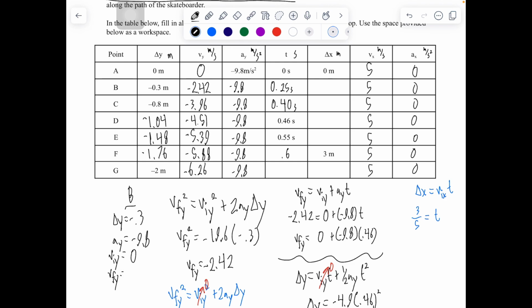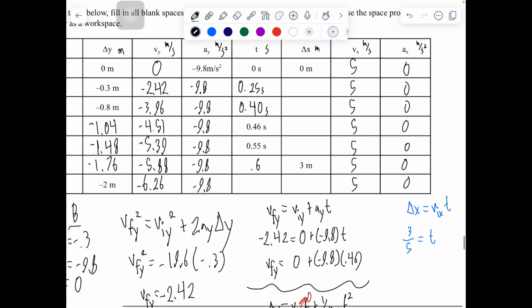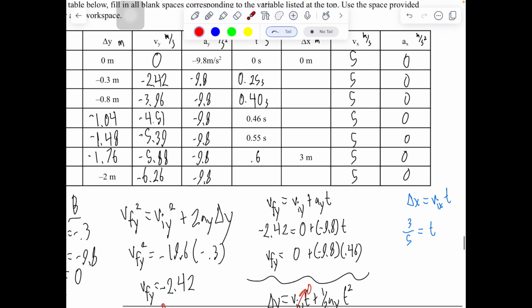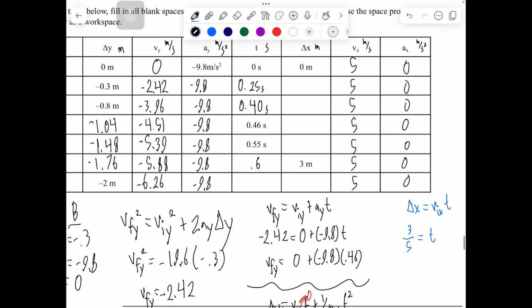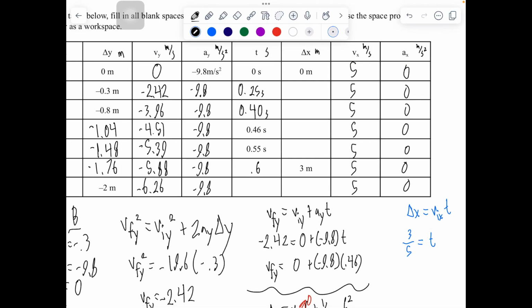How do you solve for everything else? Well, you can keep using delta x right here. If we want our delta x, take your velocity in the x, 5, multiply by time. So, 0.25 times 5. This is 1.25. 0.4 times 5.